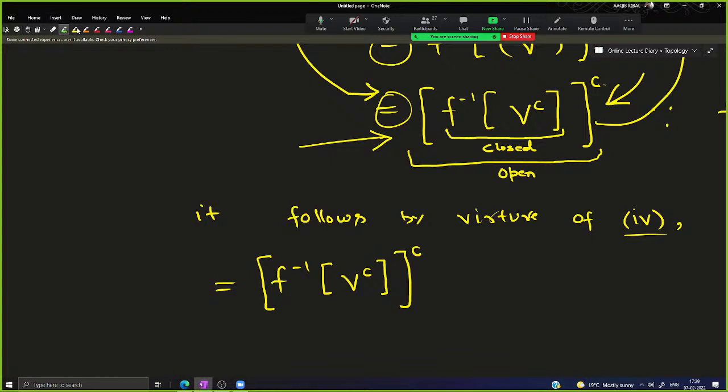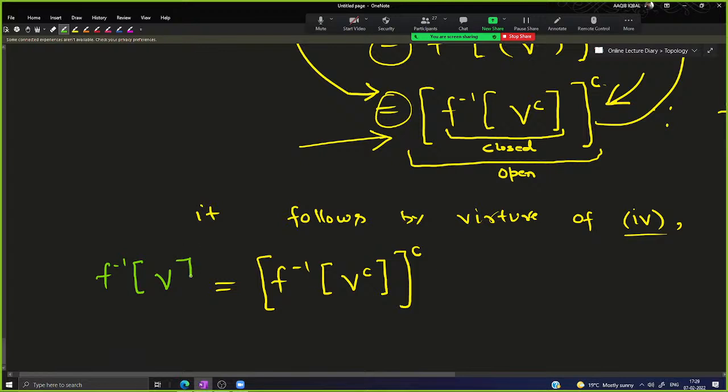So it follows that f inverse of v is a neighborhood of a. A neighborhood of a means it is open and it contains a as an element.